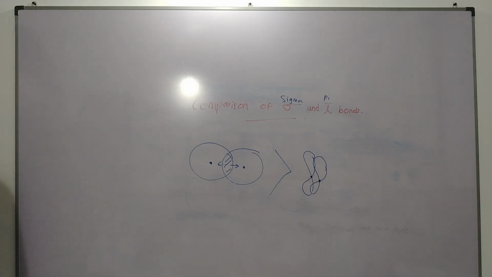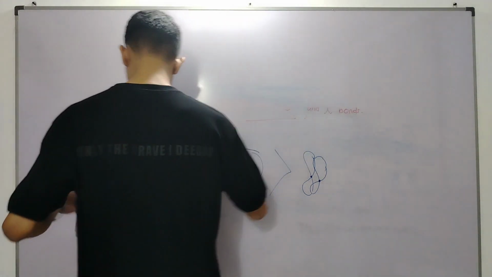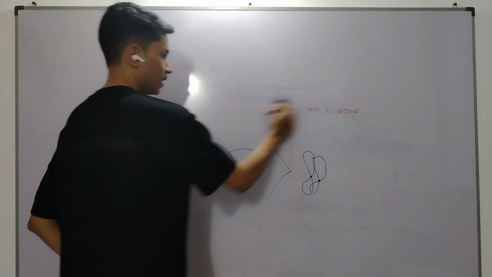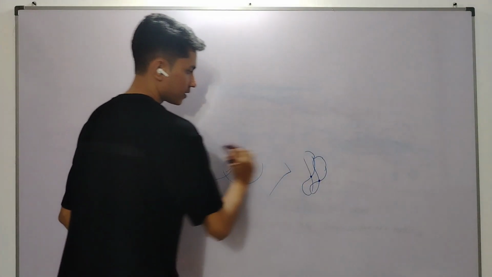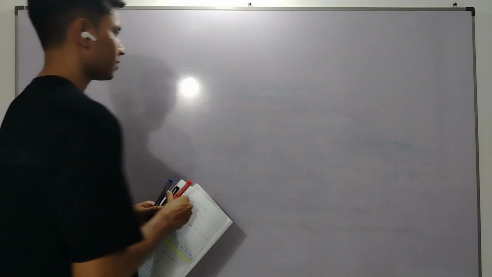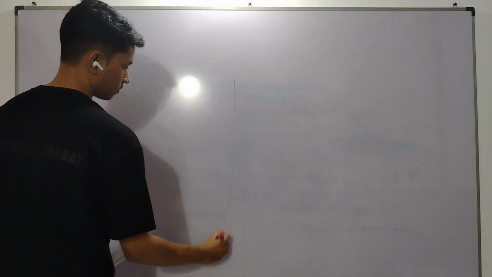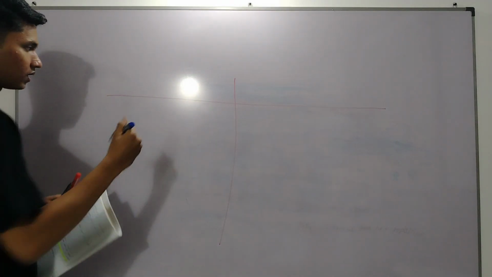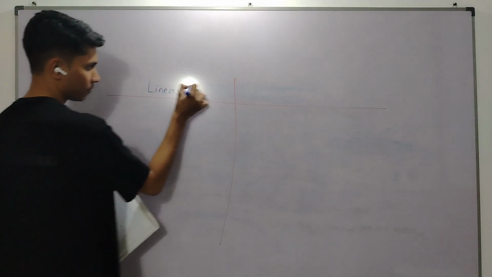Now I want you to draw a table. I have given a space on the sheet for the comparison of linear and lateral overlapping, so write these points down. A table like this: here it is linear, here it is lateral.